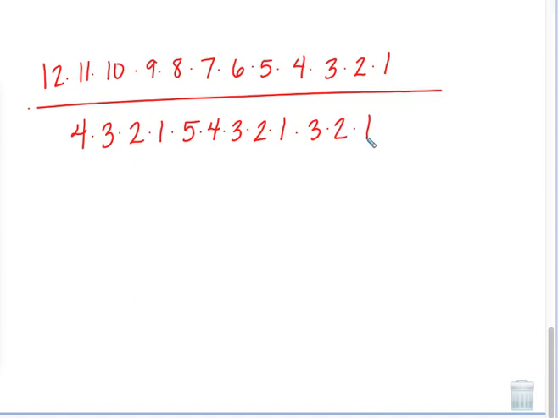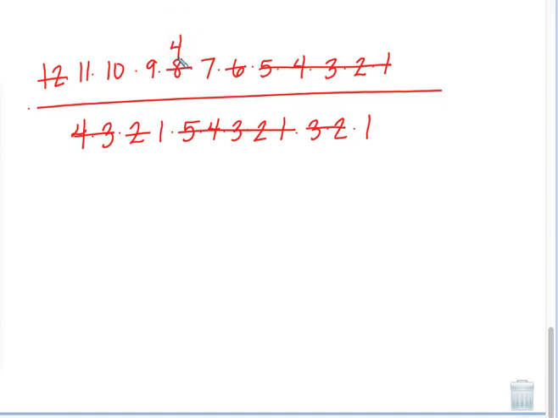I always take out the biggest one here, 5, 4, 3, 2, 1, 5, 4, 3, 2, 1. And then we can just start reducing. Here, 3 times 4 is 12, so we can cancel that out. Here, 3 times 2 is 6. And then I just have a 2 left, so 2 goes into 8 4 times.